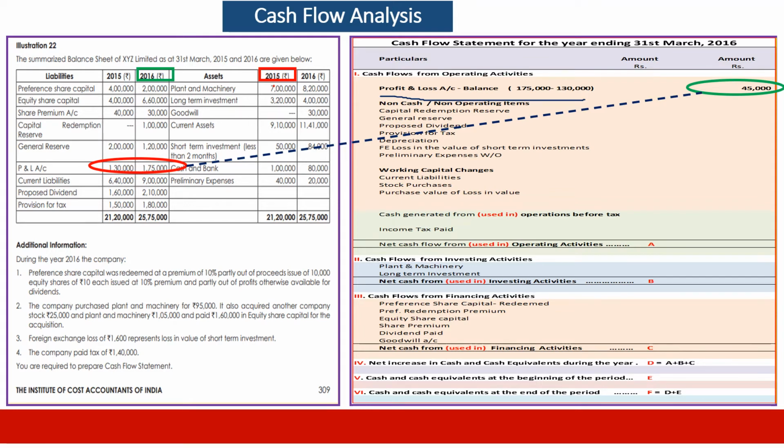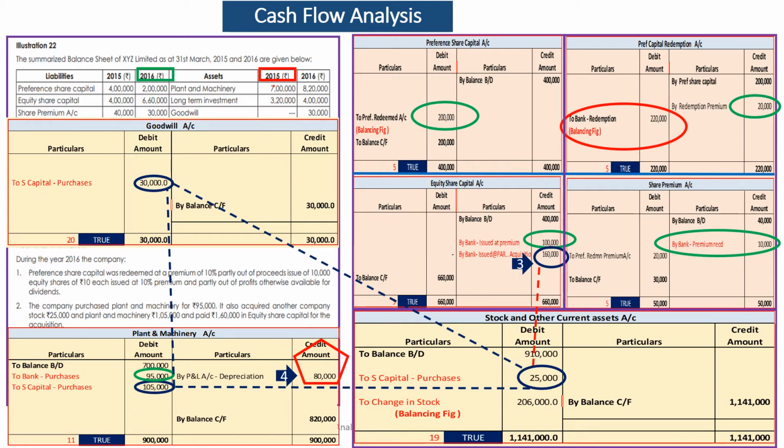statement. It would be quite interesting at this stage to learn more about the items in the adjustment. Let me just see. Preference share capital was redeemed at a premium of 10%, partly out of proceeds of issue of 10,000 shares of rupees 10 each, at a premium of 10%, and partly out of profits otherwise available for dividend.